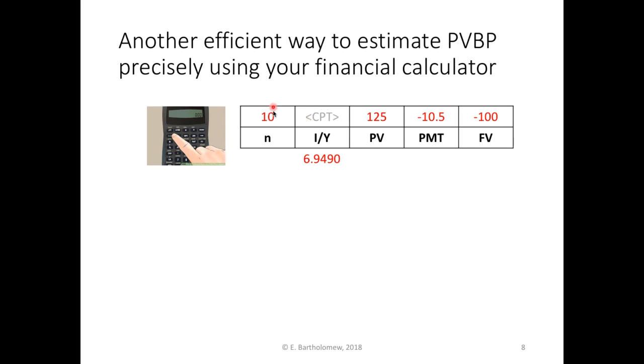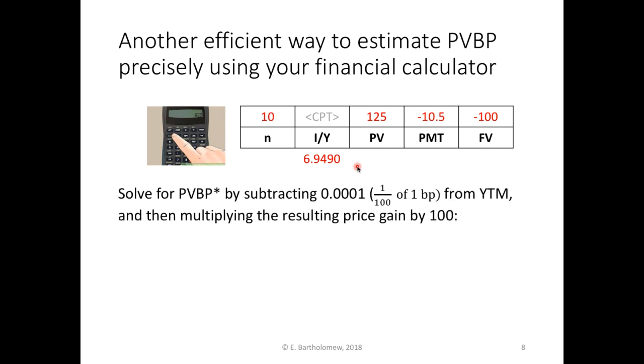The maturity's 10, and we'll put 125 in here instead of the 124.9996. So we'll put in the actual price, the payment, and the future value as negative values, and we'll calculate this yield. And then we'll subtract 1/100th of a basis point from that. And then that means we'll have to multiply the final result by 100 to recover from that.